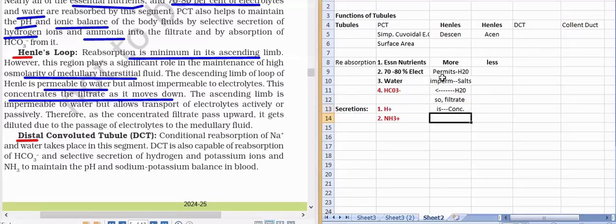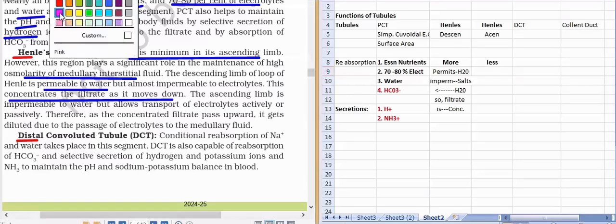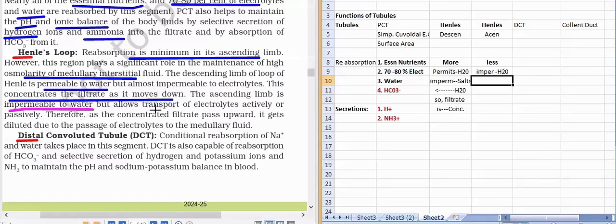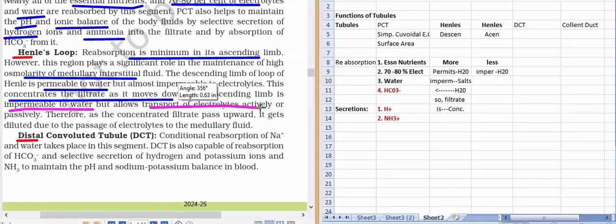The same way here, opposite. The ascending limb is impermeable to water, which means it will not allow water to be absorbed. So it will retain the water. It is impermeable to water, that's why there is less absorption. Next, it transports electrolytes actively or passively.